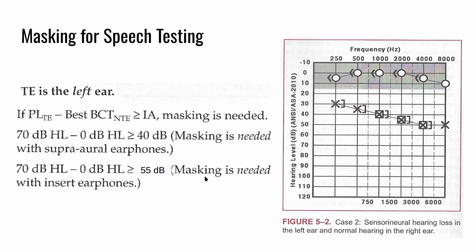What about for inserts? 70 minus 0 is greater than 55. We also need masking with insert earphones. So when we're doing word rec in the left ear, at the 70 dB presentation level, we do need to apply masking to the right ear. Because it's sensorineural, we can just take 70 minus 20 and apply 50 dB of masking in the non-test ear.